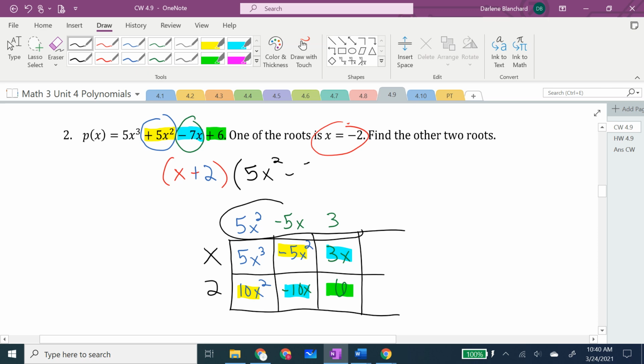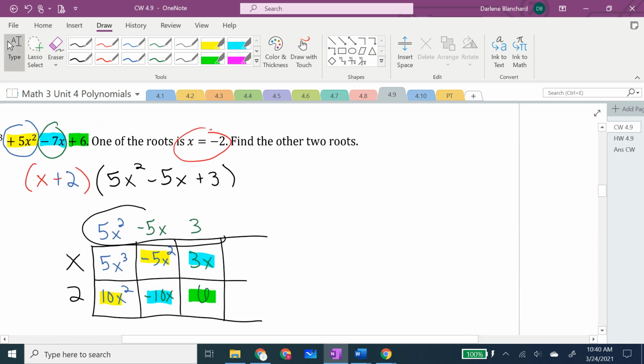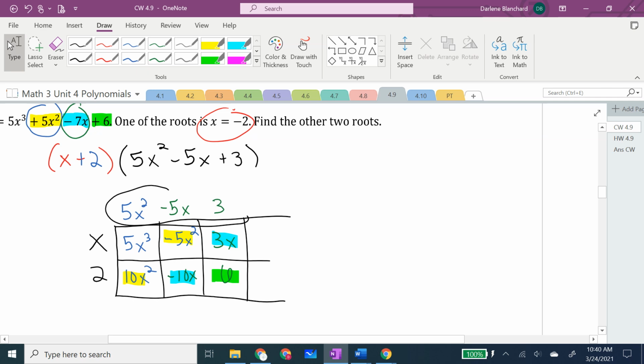5x squared minus 5x plus 3. But to find the other two roots, I need to factor further. I can always use the quadratic formula if I want. With factoring further, I know that 5 times 3 is 15, and negative 5 is my middle coefficient.